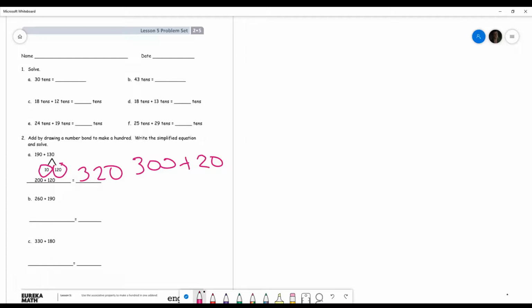Well, if you're skip counting, you know that there's only 10 more numbers to 200. So I need 10 out of the 260 plus 190. We said we need 10 to turn 190 into 200, and we have 250 left. So our problem is 250 plus 200.